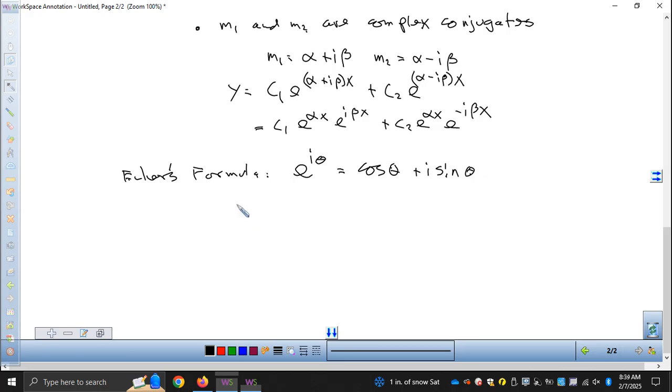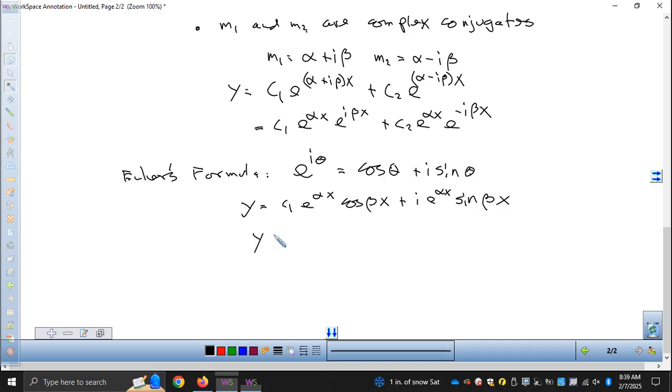So we write this as y equals c1 e to the alpha x times cosine beta x plus i e to the alpha x sine beta x, and we get one for here.